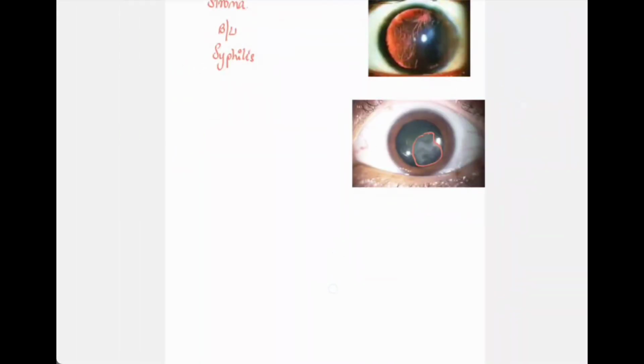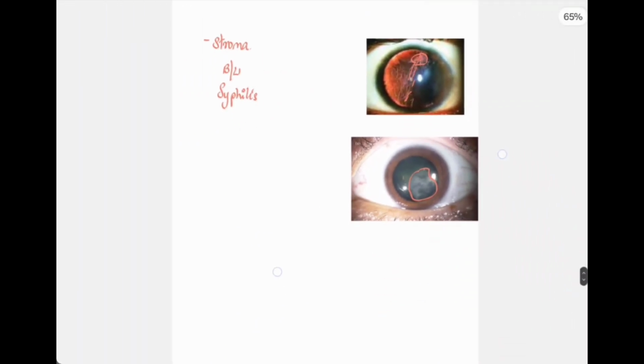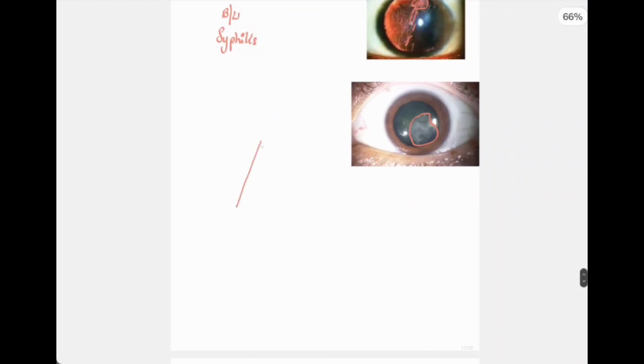In the inactive stage, there is variable stromal scarring with ghost vessels. Hutchinson's triad includes interstitial keratitis, deafness and Hutchinson's teeth, which is a part of congenital syphilis. Treated using systemic penicillin, topical steroids and cycloplegic.